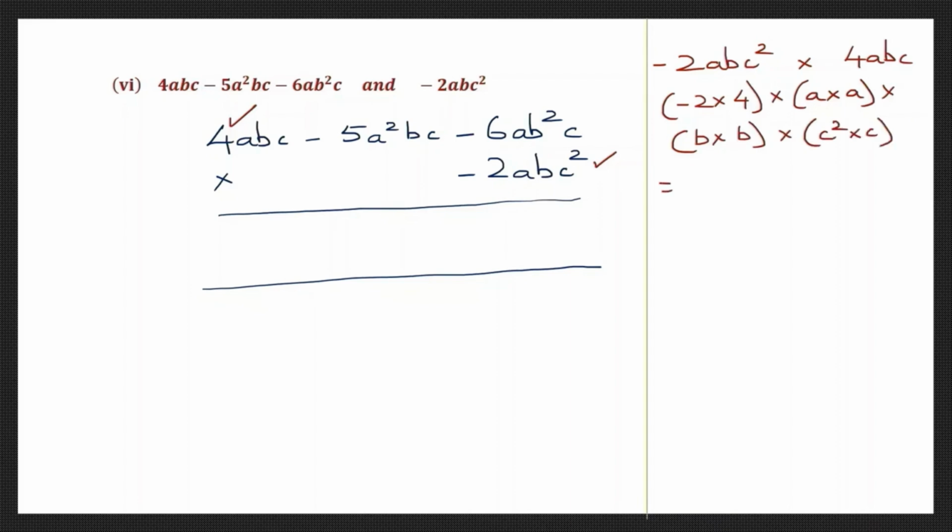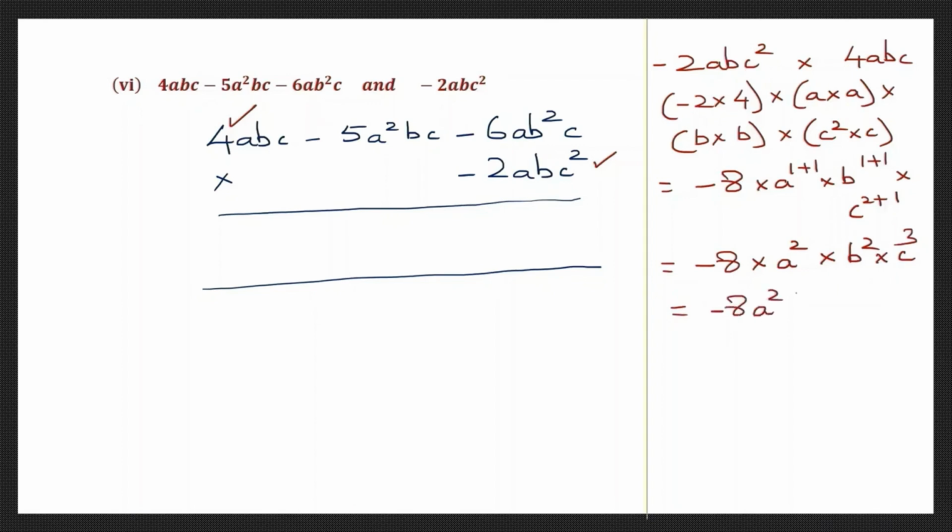So minus into plus is minus, 2 4s are 8 into a to the power of 1 plus 1 into b to the power of 1 plus 1 into c to the power of 2 plus 1. So this becomes minus 8 into a to the power of 2 into b to the power of 2 into c to the power of 3. So minus 8a square b square c cube. So let's write that down. Minus 8 a square b square c cube.